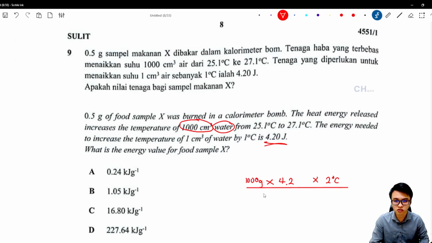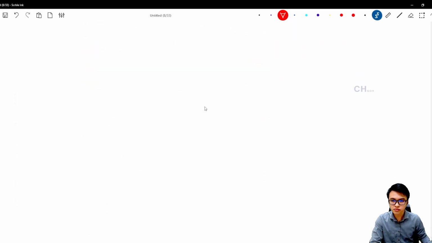Okay, 1000 gram divided by the mass of the food times 1000. So you try to do the calculation, you should be able to get the answer. Let's try. 1000 times 4.2 times 2 divided by 0.5 divided by 1000. So the answer here is 16.8. Okay, so answer for question 9 is C.